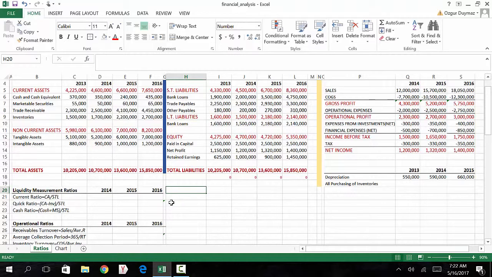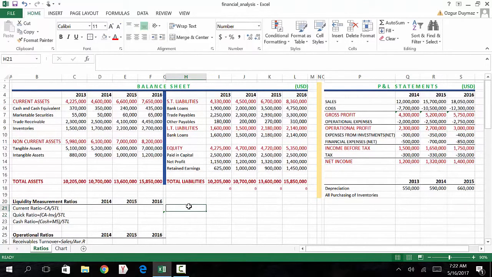We will understand if the company is able to pay its short-term liabilities or not. We will start by calculating the current ratio. The current ratio formula is current assets divided by short-term liabilities.